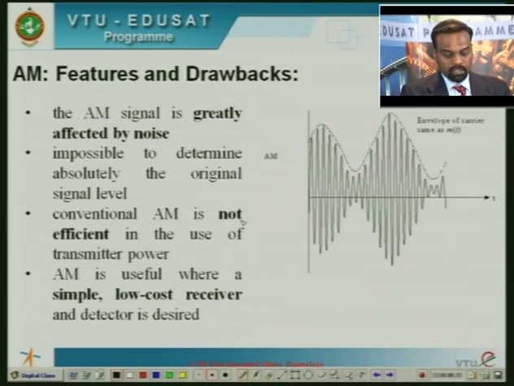Similarly, AM signal is useful where a simple low cost receiver and detector is desired. Whenever you want to go for AM modulation, you prefer to use AM only when your detector is going to be very simple, because you need to have a diode, a resistor, and a capacitor. If you want to reduce the cost of the receiver, only in those places do we go for AM modulation.